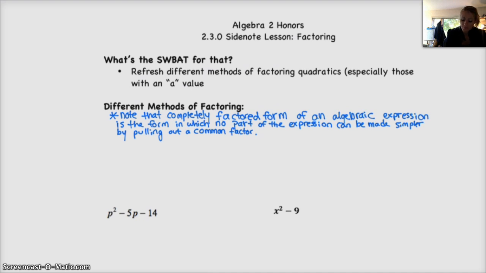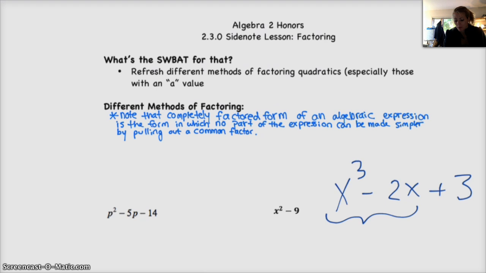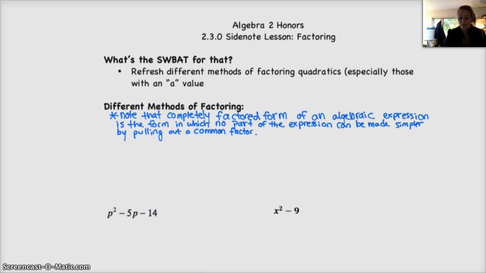So like x cubed minus 2x plus 3 is not in completely factored form because this part you could pull out an x. And so basically, when you're factored, you want everything broken up into factors, which are things multiplied by each other.